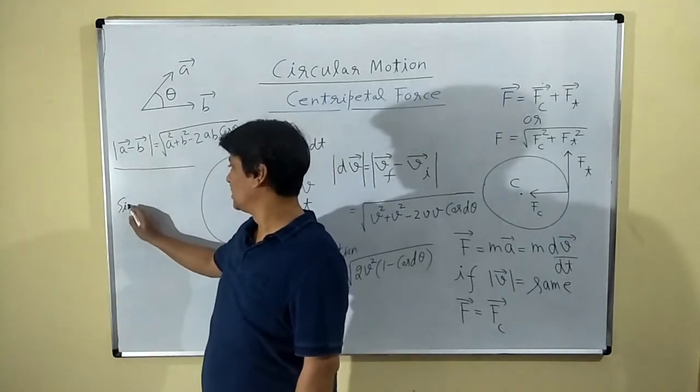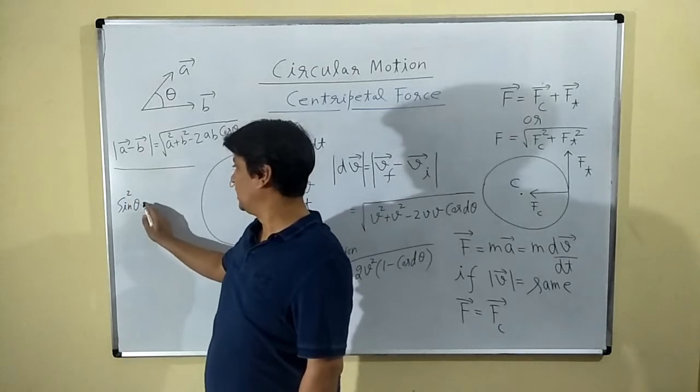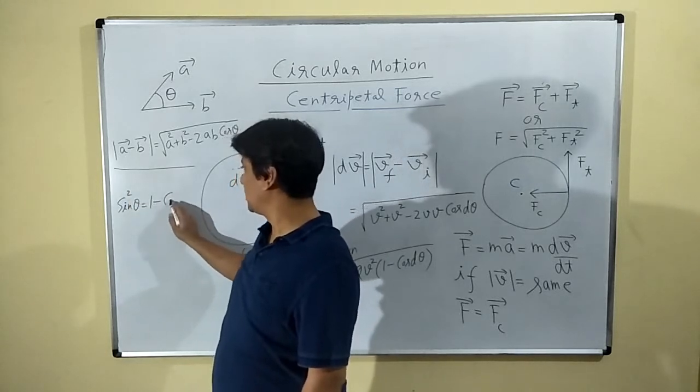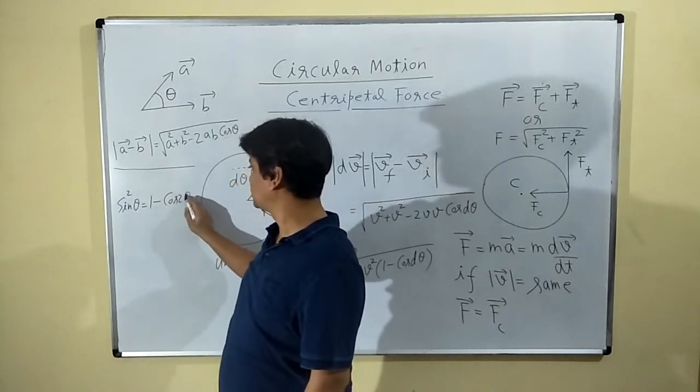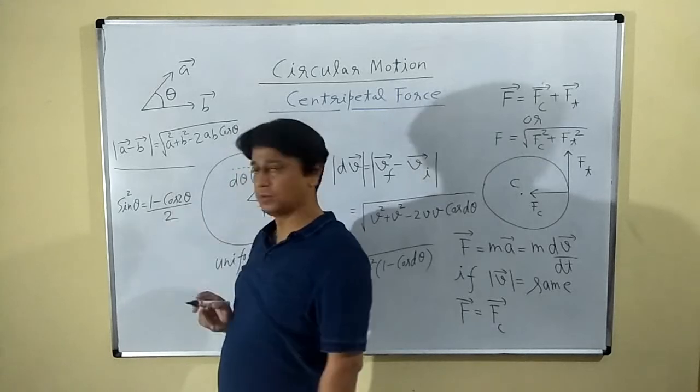Sin square theta was 1 minus cos 2 theta by 2.